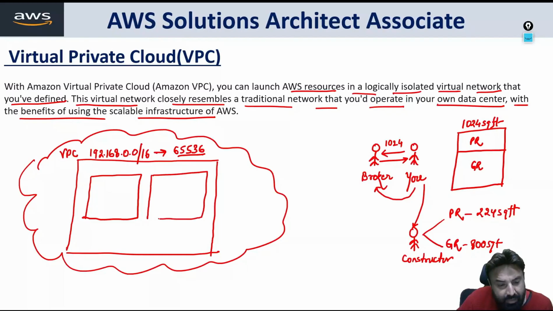So in this VPC, I'm creating 2 subnets. Let's say the personal room is like a private subnet, and the guest room is a public subnet. So there are 2 subnets, public and private.